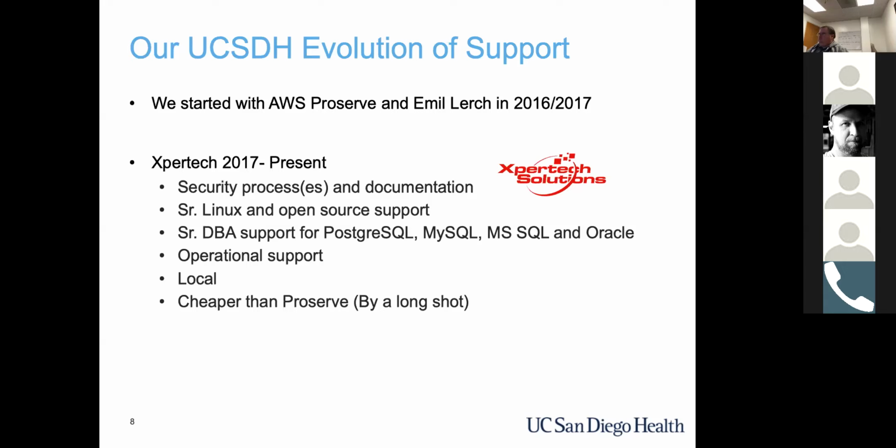Expertech also offered us what's called a blended rate. So whether it was senior or junior level support, it was a single blended rate that we could work with and budget out. As you know, it's not always easy to forecast a budget when you're dealing with different rates. So that was a critical piece for us.